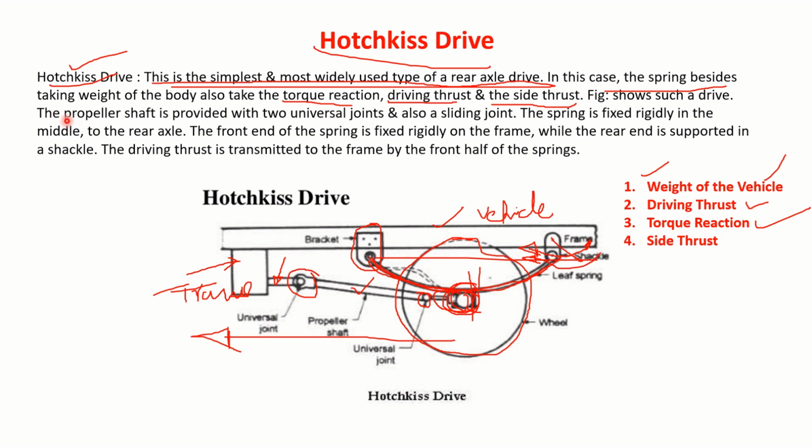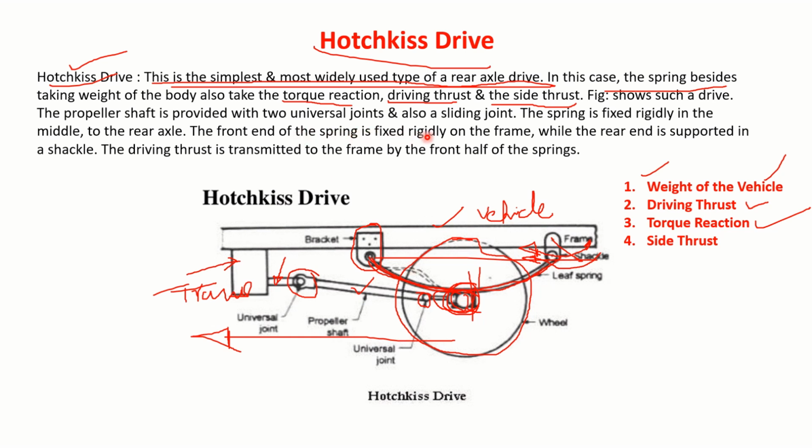Okay, the propeller shaft which will be driving this has two universal joints, one here, and also it will have a sliding joint. I will explain that. There will be a sliding joint here. The spring is fixed rigidly in the middle to the rear axle. I explained this.